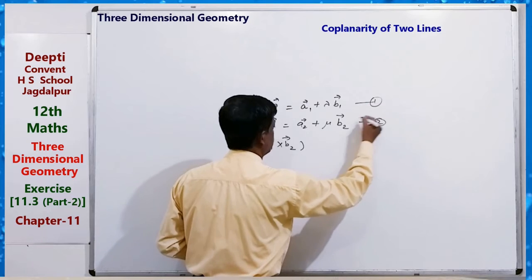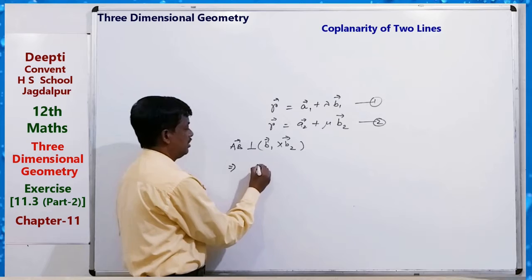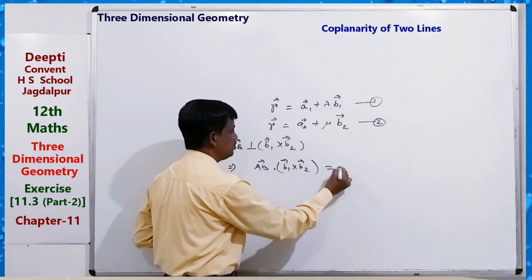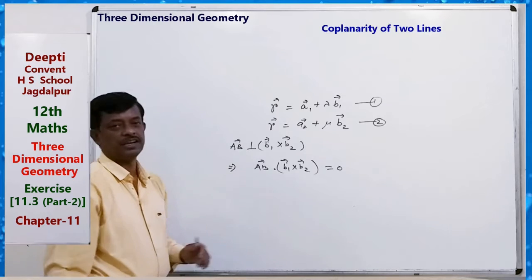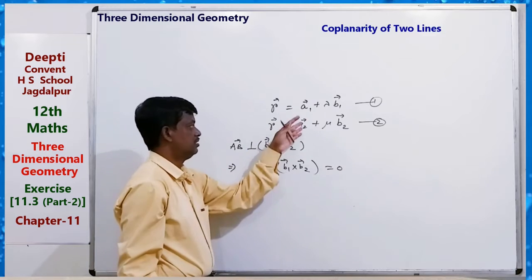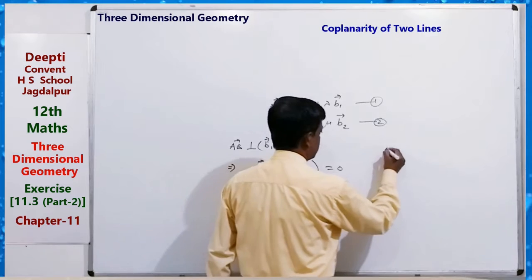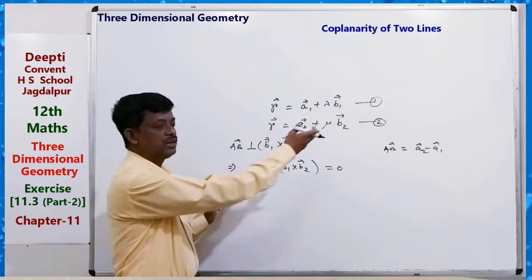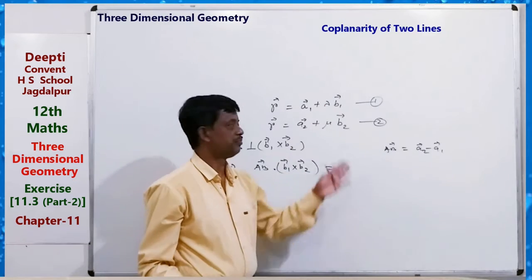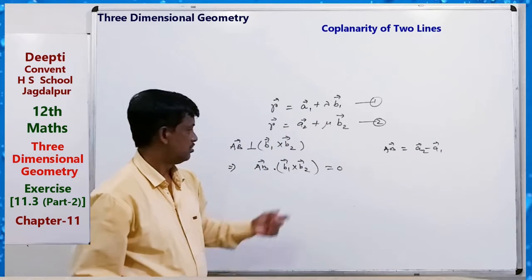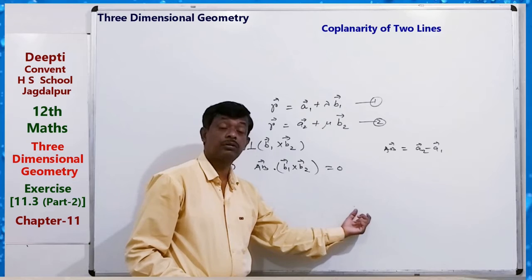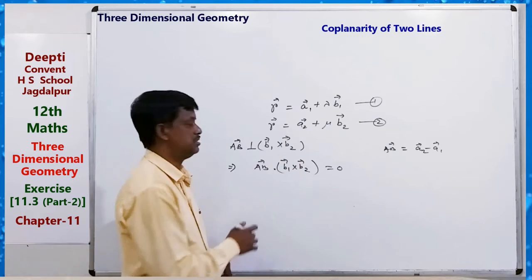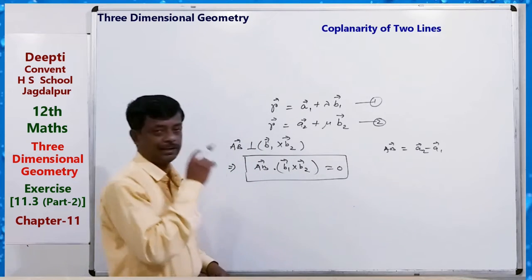That means AB dot b1 cross b2 equals 0, because they are perpendicular. AB is A2 minus A1; if the lines are given in vector form, vector AB equals vector a2 minus vector a1, the passing points of the two lines. b1 and b2 can be taken from the equations of the lines. First find the cross product, then take the dot product with AB, and we get the condition. This is the condition in vector form.